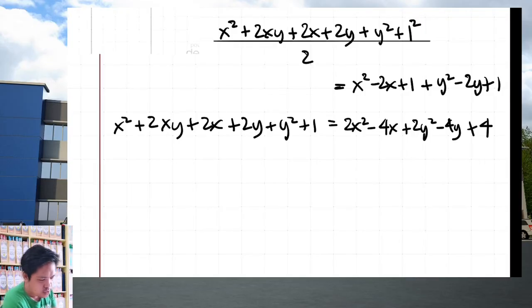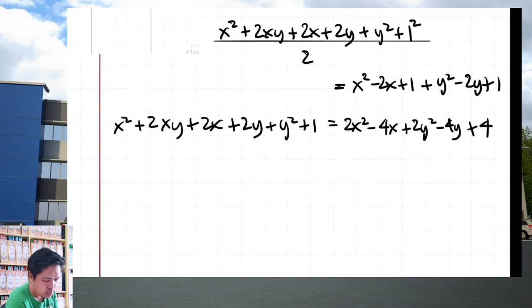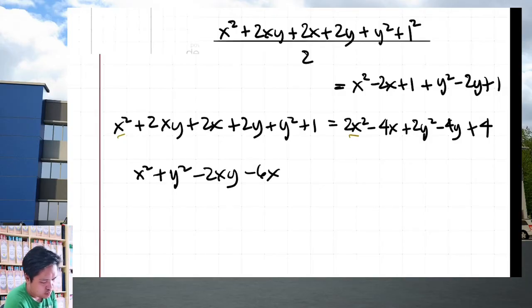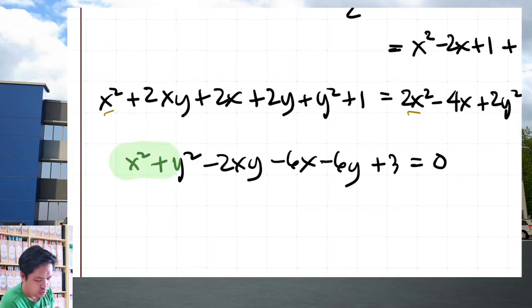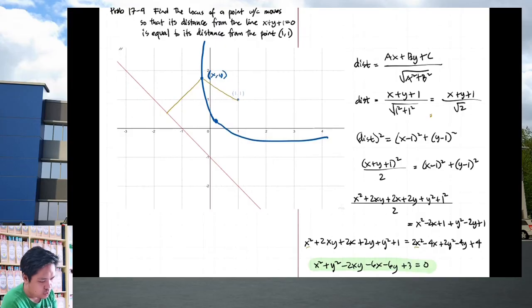We'll transpose everything to one side, starting with x squared, then minus 2xy, then minus 6x minus 6y plus 3. So this would be our answer. This is the locus of a point that is always equidistant.